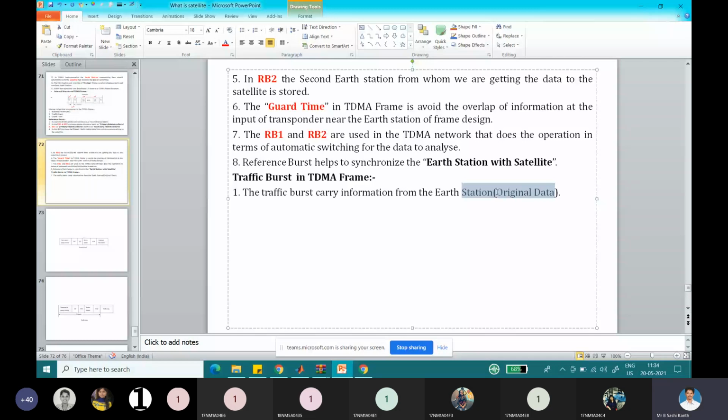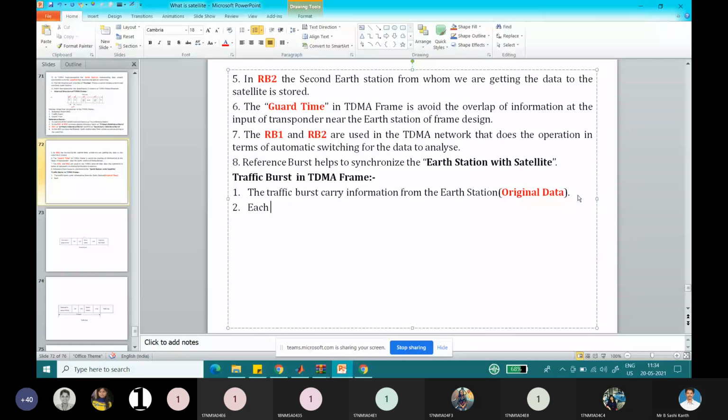So each Earth station, as we discussed, has a transponder, and that transponder's entire bandwidth is utilized to synchronize with the satellite and send the frame to the satellite.